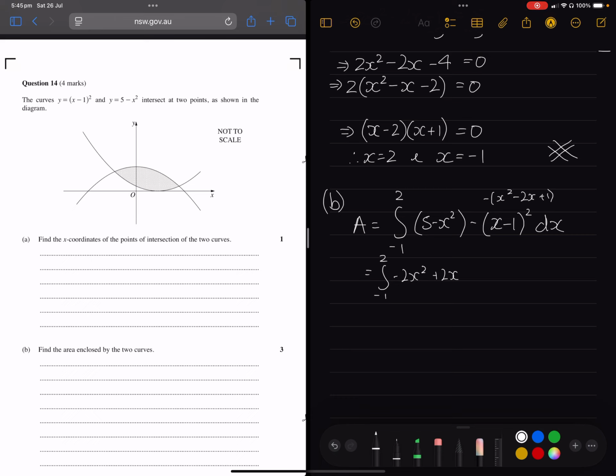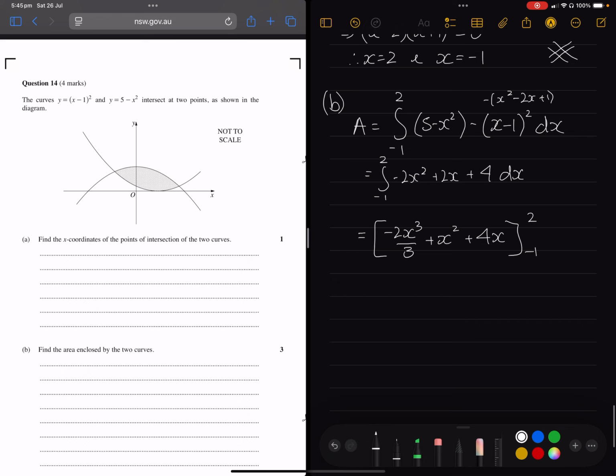We have 5 minus 1, that is plus 4, dx. So now we're just going to integrate. We end up with minus 2x cubed on 3 plus 2x squared on 2, which is x squared, plus 4x. Evaluate from minus 1 up to 2.